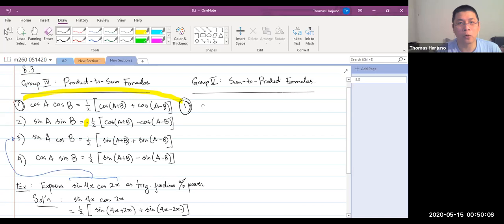Now, if I have cosine x plus cosine y, that equals 2 times cosine of half of the sum, cosine of half of the difference.